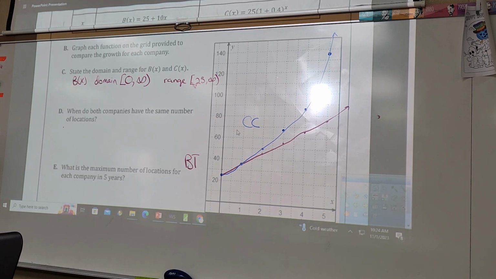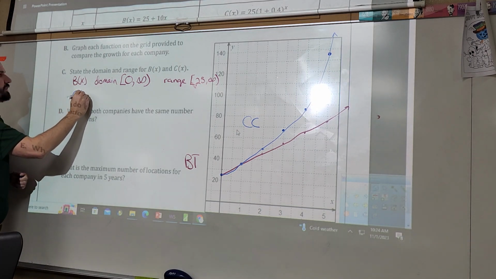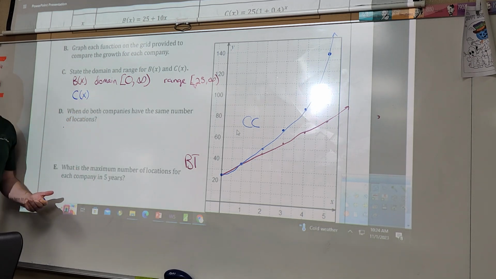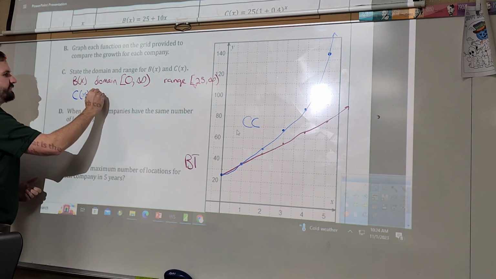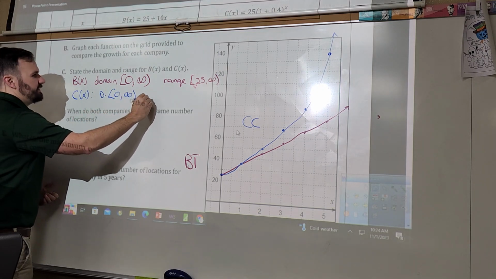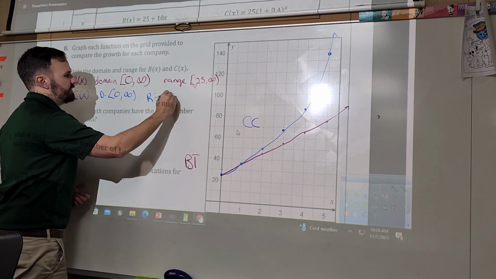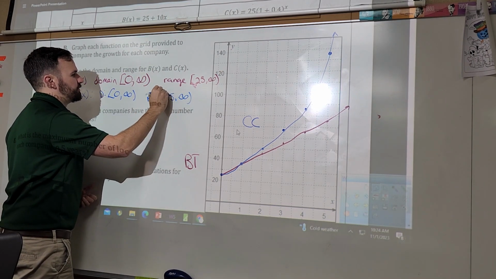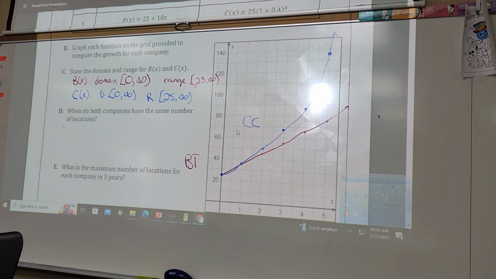Anyone disagree with that? So central computing, they're the same, right? My domain is going to be 0 to infinity, and my range is going to be the same thing. There's no difference between them, right? The linear and exponential, no difference. Good. Do they ever have the same value?